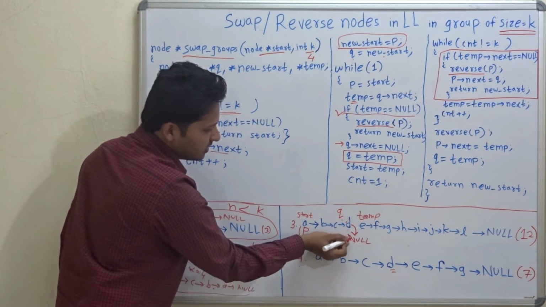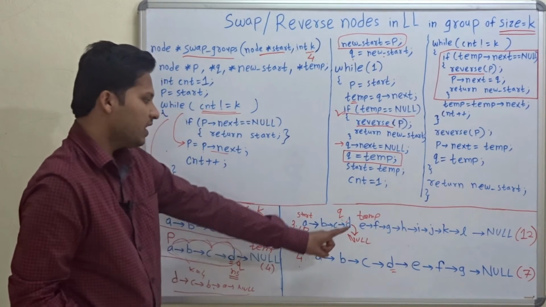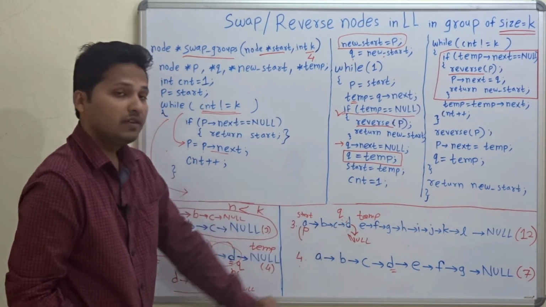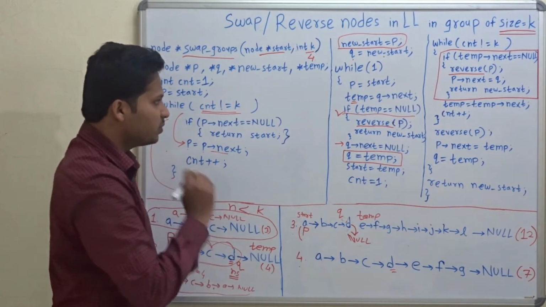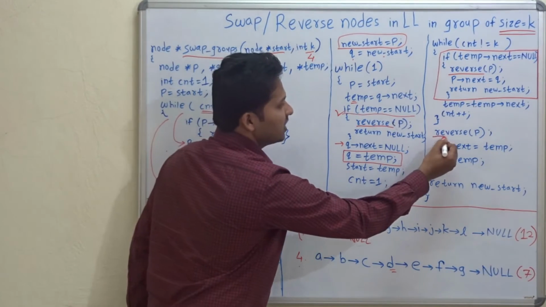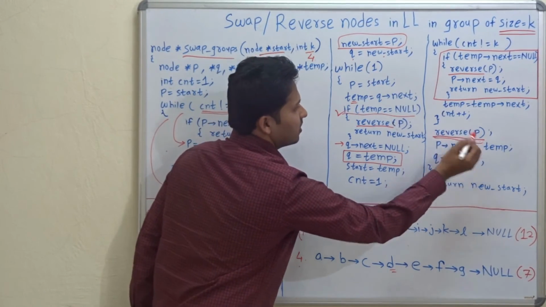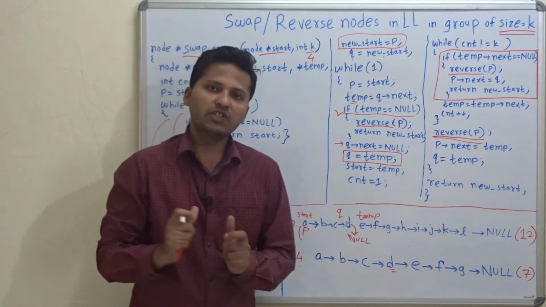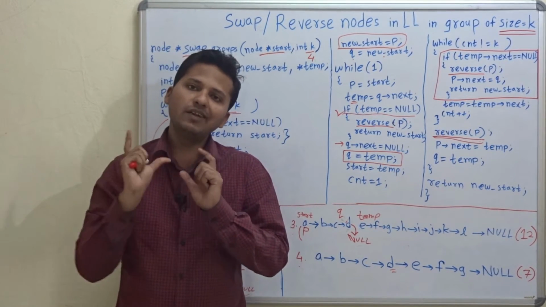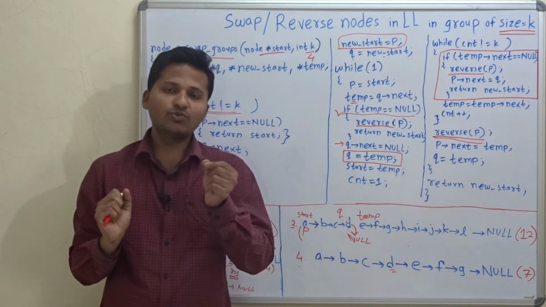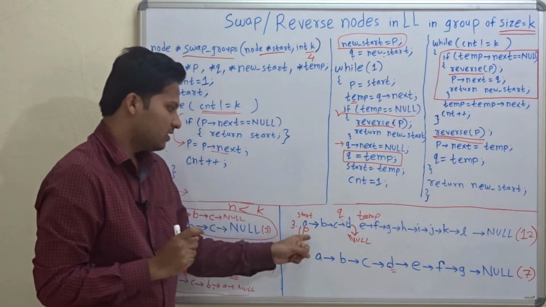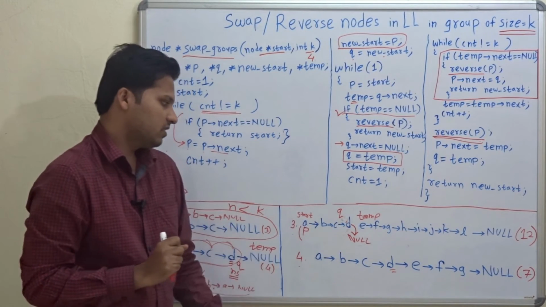So this is a question now, why we are pointing the last node in this group to null? This is because we want to use a function whose name is reverse. So this reverse function, we need an independent linked list to pass to this function so that it can reverse this linked list.